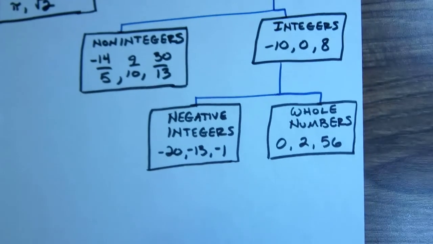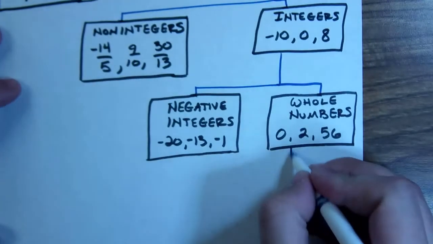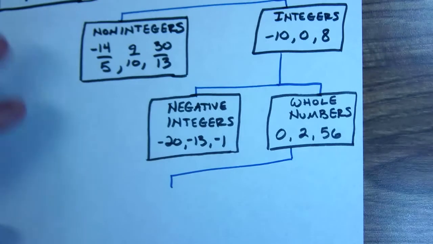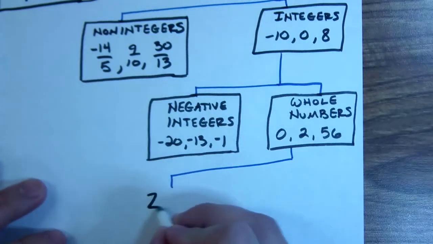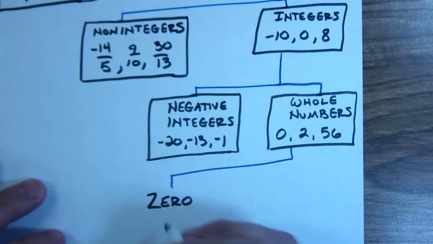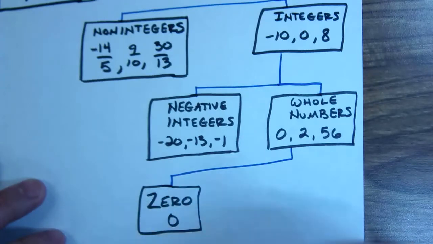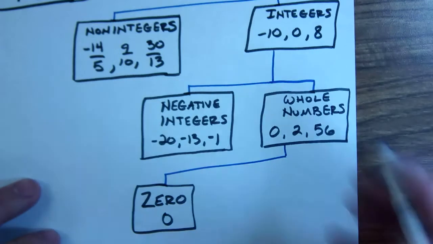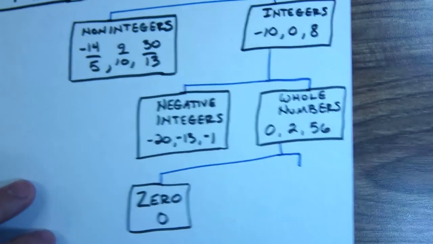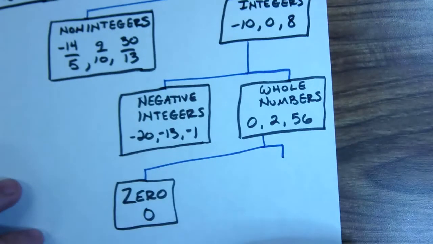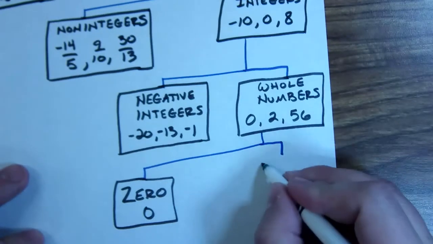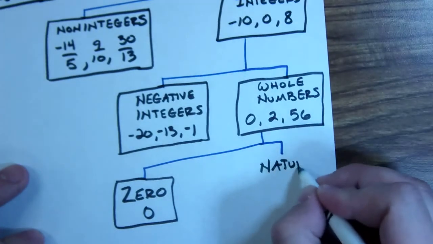And then whole numbers is split into two groups. One of them's really easy. One of the groups is called 0. There's only one thing in that set. It's 0. You know what the other set's called? The whole numbers except for 0? Naturals.